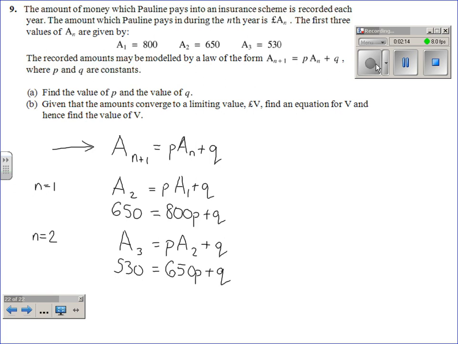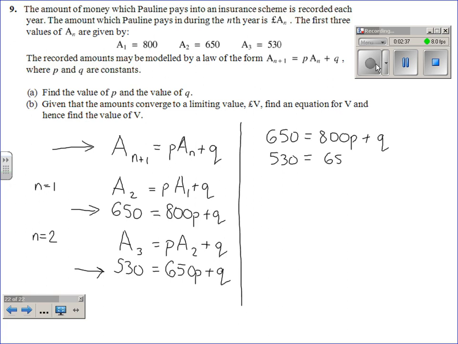So at this point you've got two equations, two unknowns. You want to find P and Q, so hopefully you're thinking simultaneous equations. I'm going to write them together up here just so it's easier to look at. We've got 650 is 800P plus Q, and 530 is 650P plus Q. I'll call that one 1 and that one 2.